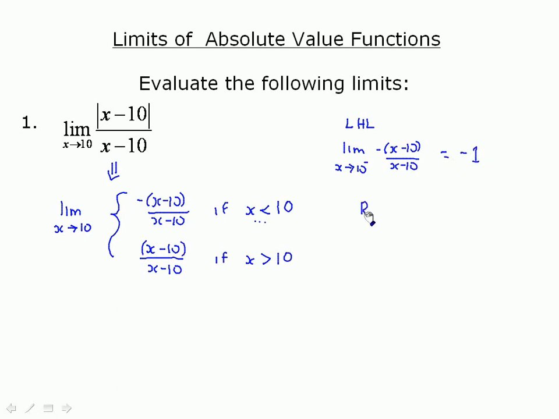And then the right-hand limit, x approaches 10 from the right side, is x minus 10 over x minus 10, the positive, and this one will divide out by a factor of x minus 10, leaving you positive 1.